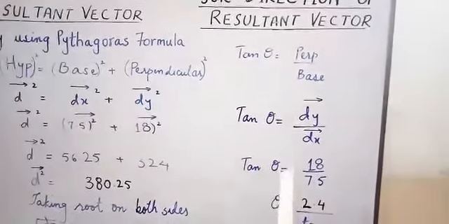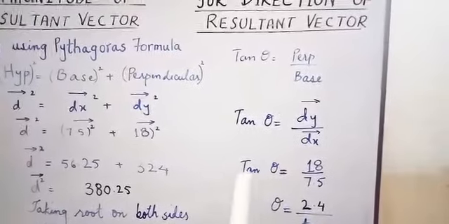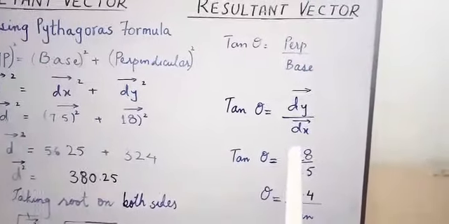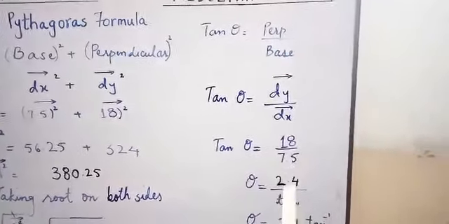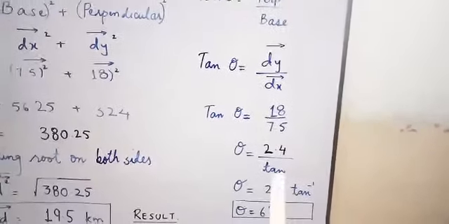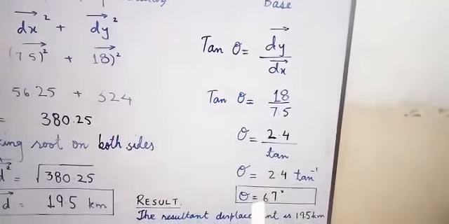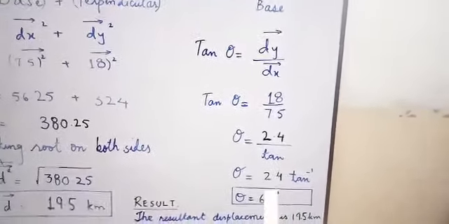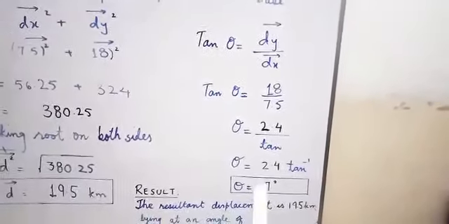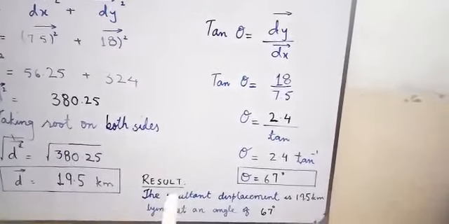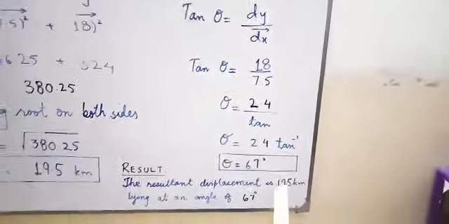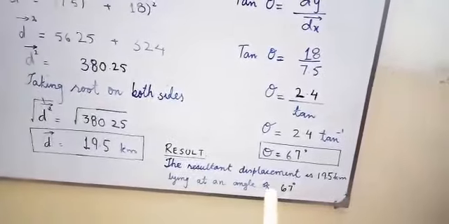Putting in the values, we get 18 divided by 7.5, which is 2.4, so theta is tan inverse of 2.4. When we find theta for 2.4 in our log book, in the column of natural tangents, we get 67 degrees. So the magnitude of the resultant displacement is 19.5 kilometers and it is lying at an angle of 67 degrees.